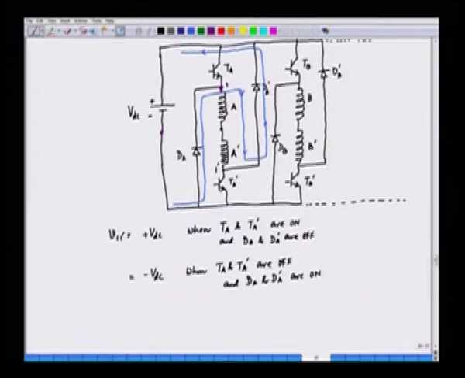And if you see, 1 prime is connected to the positive through DA prime. So, if we say this is 1 prime, and 1 prime is connected to the positive terminal, and hence we have V11 prime is minus VDC.